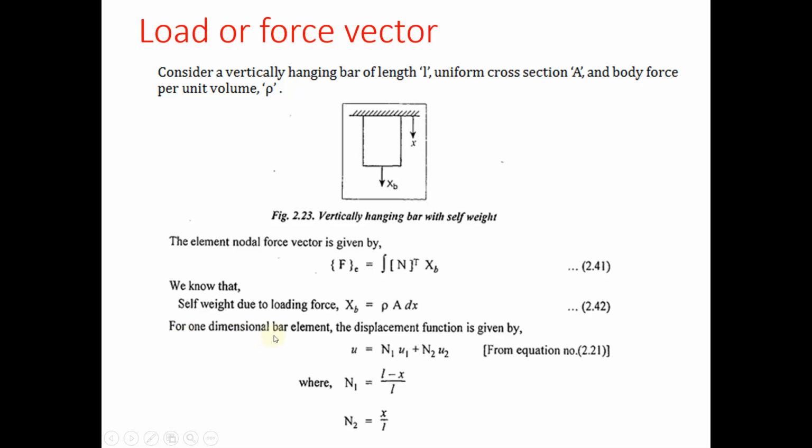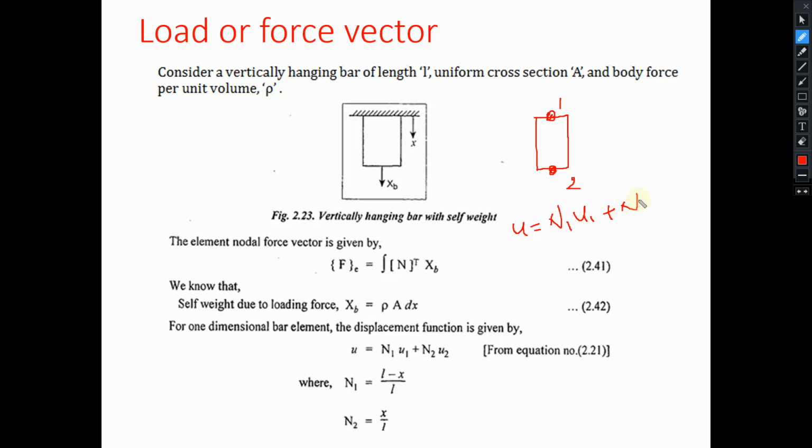And we also know that for a one-dimensional bar element, if we have two different nodes, suppose we have two nodes 1 and 2, then we can represent the displacement function u is equal to n1 u1 plus n2 u2.